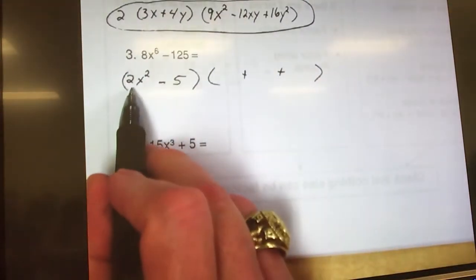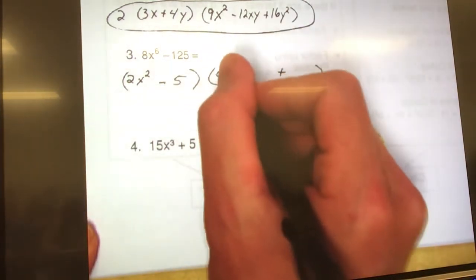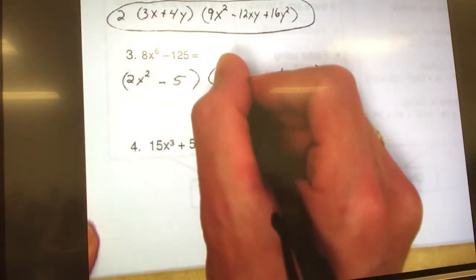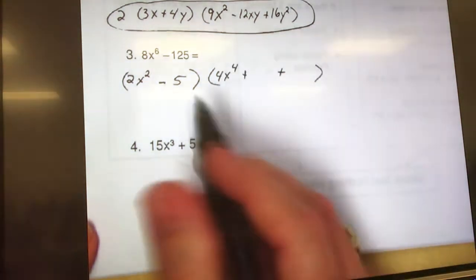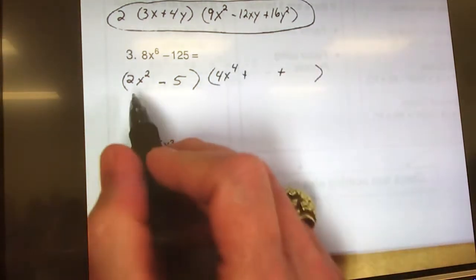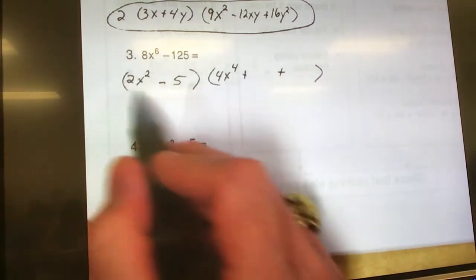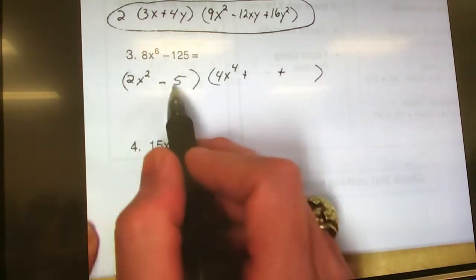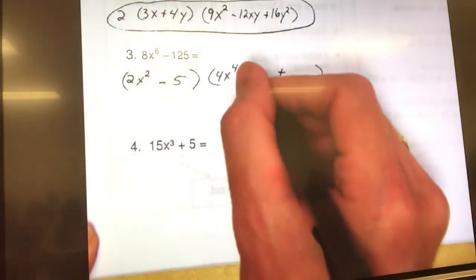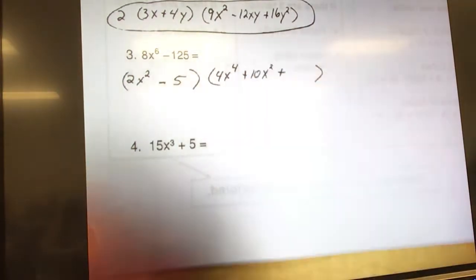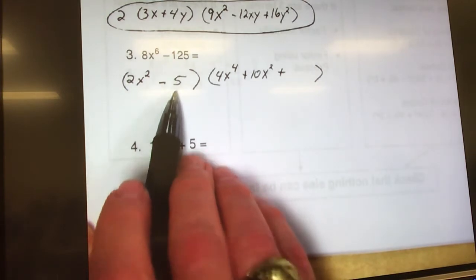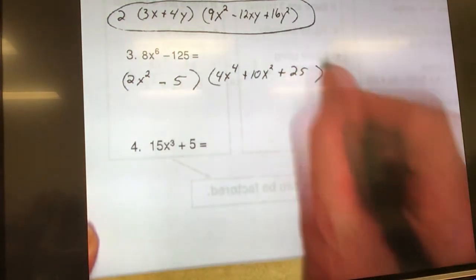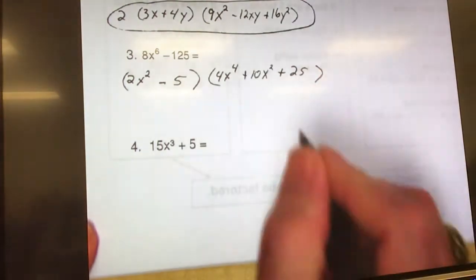What is this squared? 4x to the 4th, right? Then plus a times b, so this times this. What is 2x squared times 5? 10x squared. And then finally, we have b squared, so 5 squared is 25. That's it.